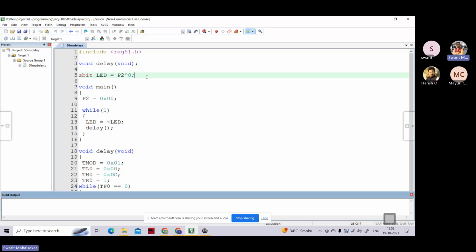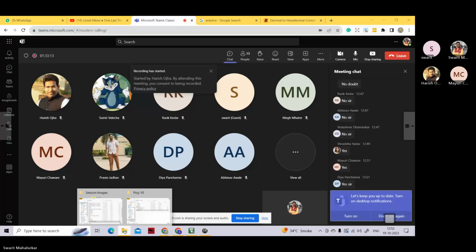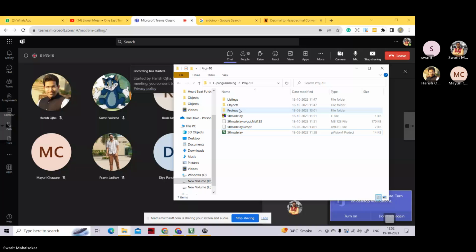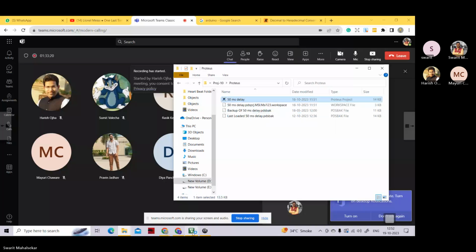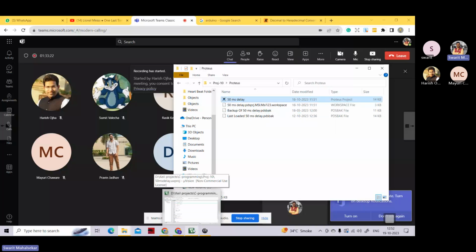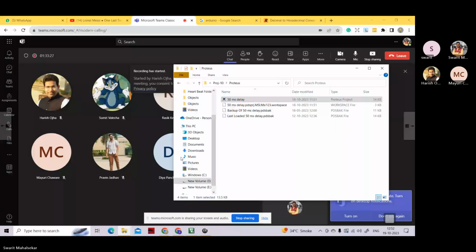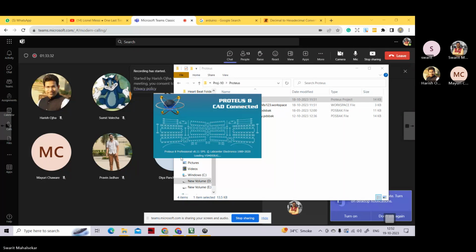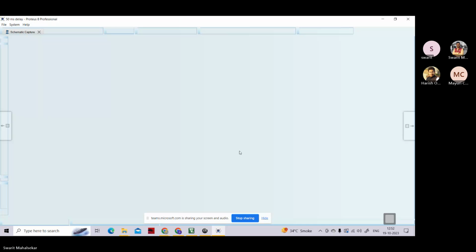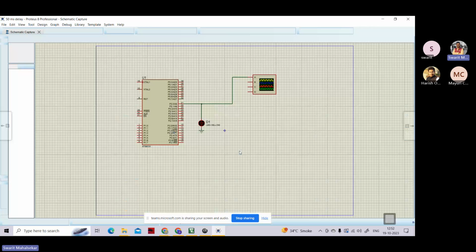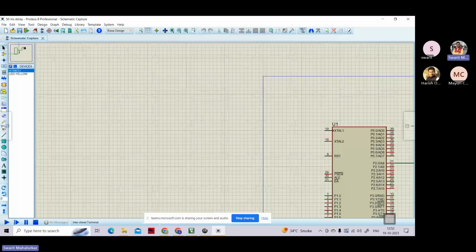Now have a look at pin number 0 of port 2. I'm going to connect an LED. Let me show you the hardware part of this, then it will be easier.